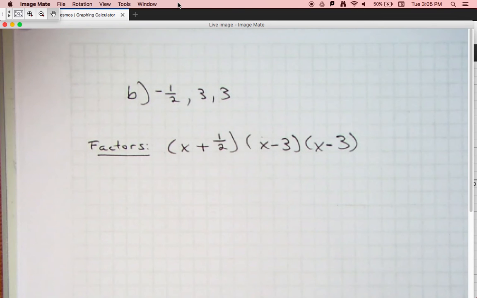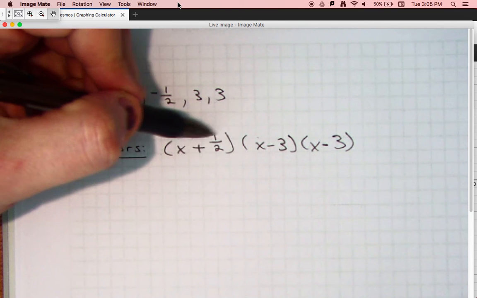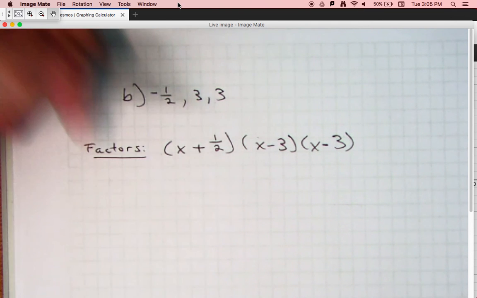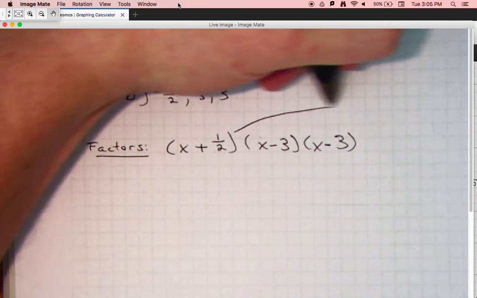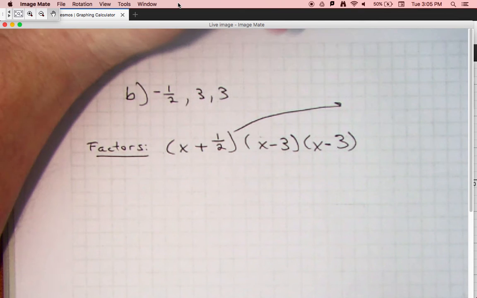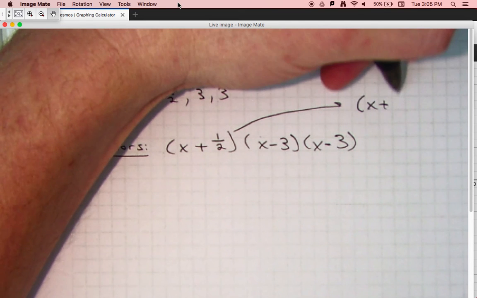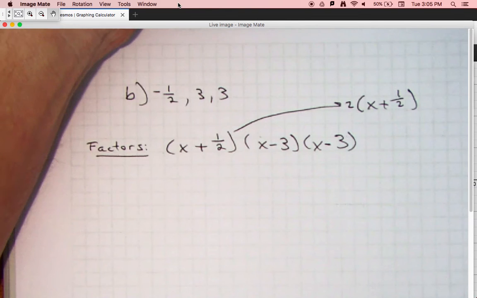Okay? Now, the issue with this one is our fraction right here. We can't have a fraction in our factored form. So what we want to do is get rid of the fraction. There's two ways to look at it. If I have this x plus 1/2, what I want to do is multiply just that one by 2.